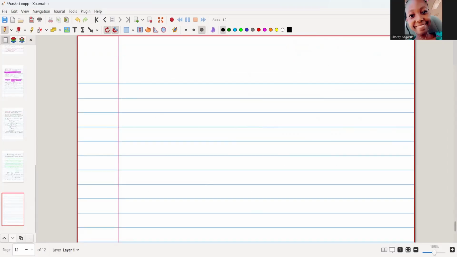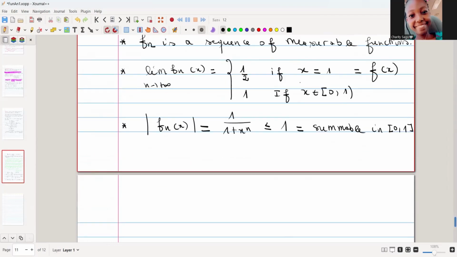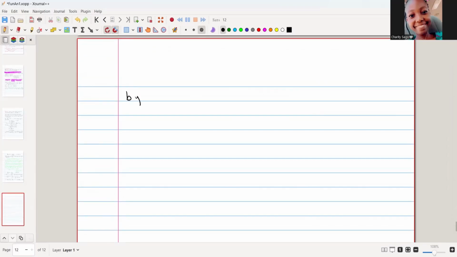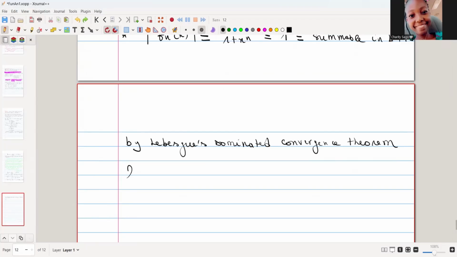Now, by the Lebesgue dominated convergence theorem, the limit of the integral of fn of x dx as n tends to plus infinity is equal to the integral of the limit.